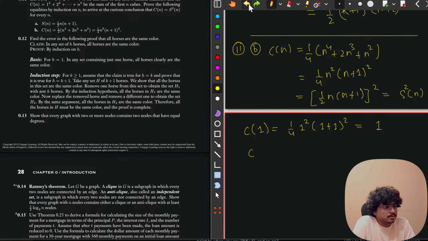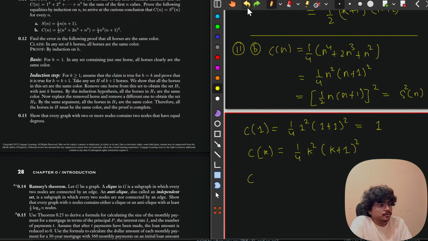So I say C(k) is equal to 1 by 4 k squared k plus 1 squared. Now I have to prove the statement C(k plus 1).